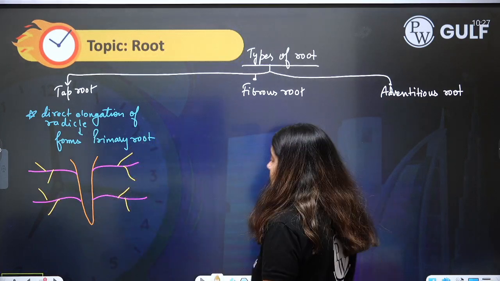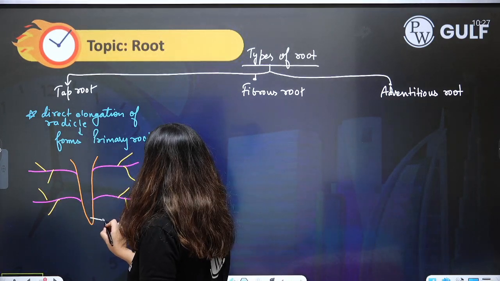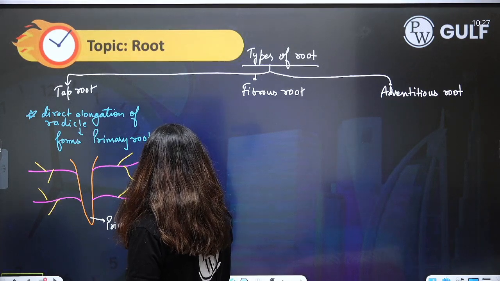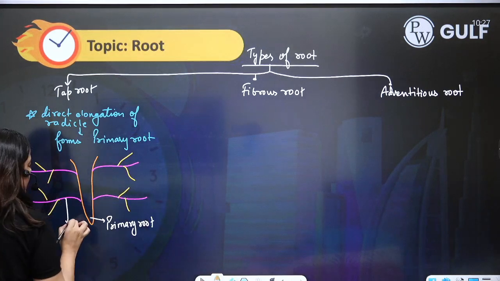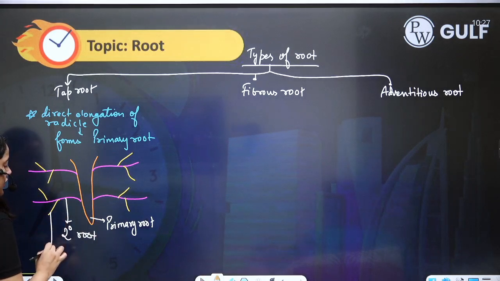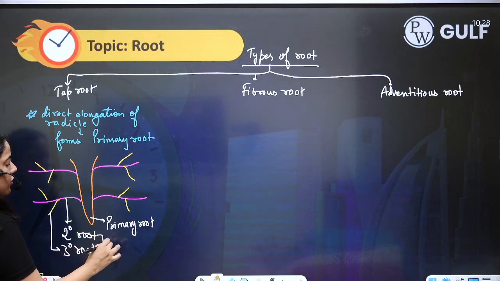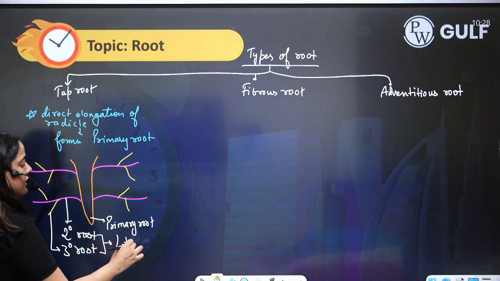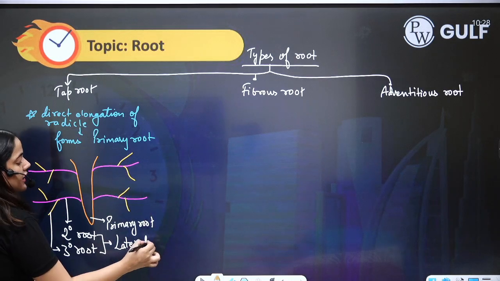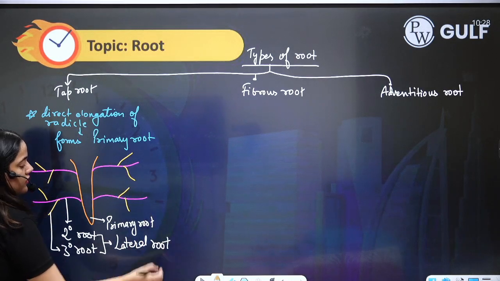So this is primary root, this is secondary root, and this is tertiary root. Beta, together they are also known as lateral roots because they are arising from the side of the root. Right?